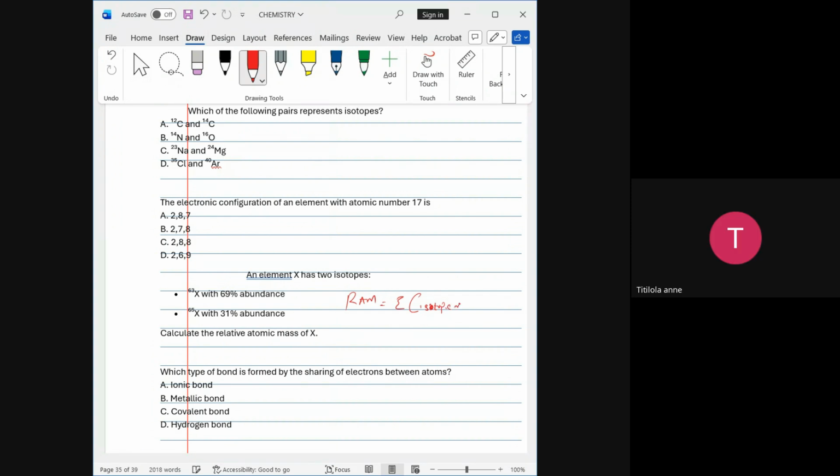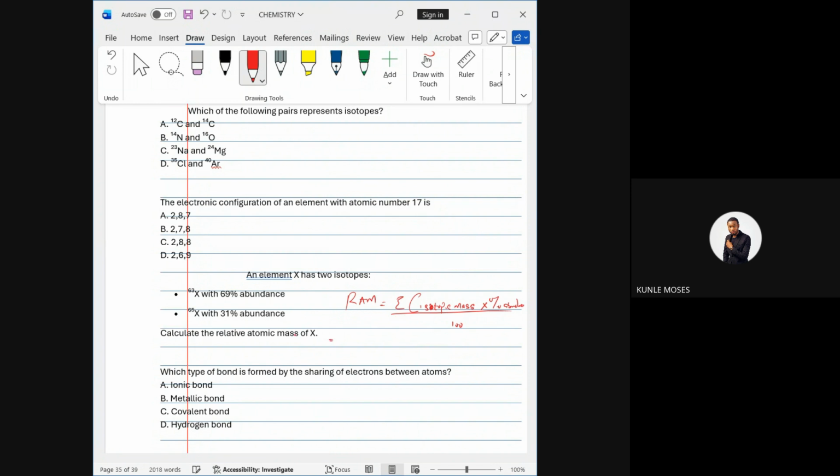No, sir, it's not correct. Multiply by the percentage abundance, everything over 100. Do you guys remember? You will multiply individual mass by percentage abundance and you will add them together. You divide everything by 100.